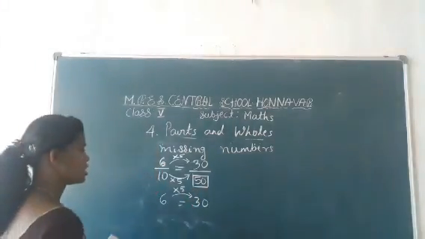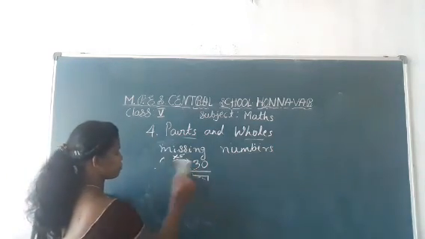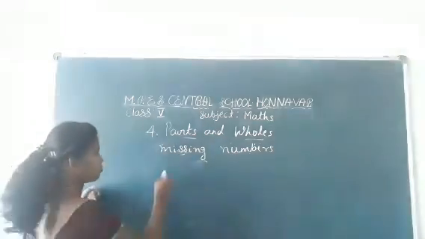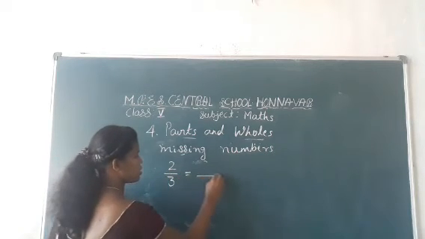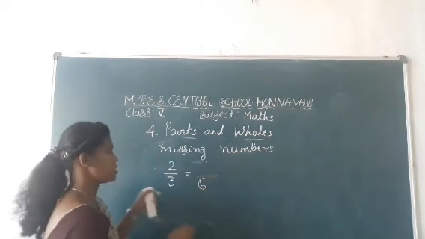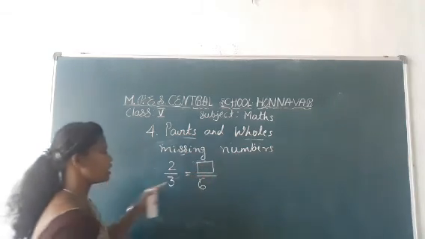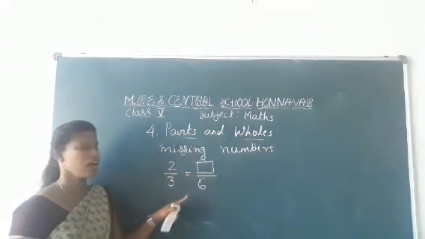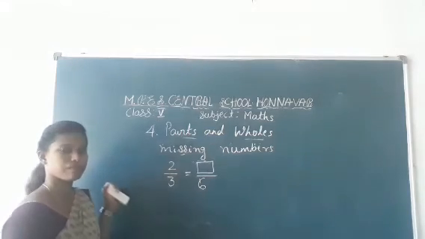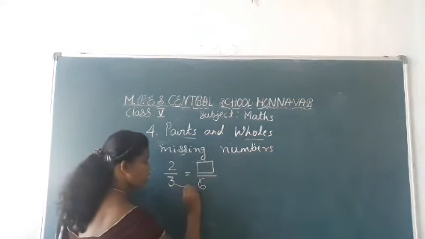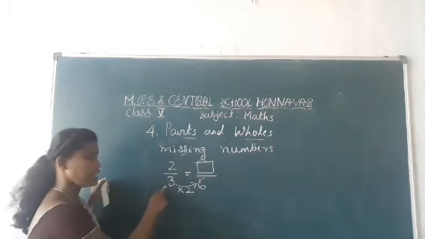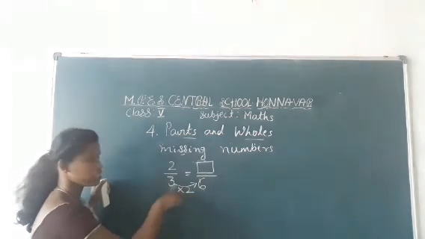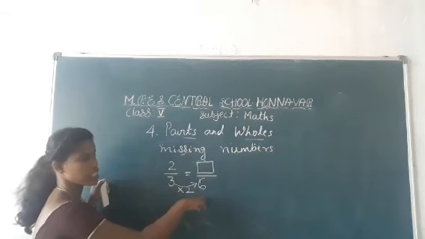Okay, you see another example. 2 by 3. Here we have 6. Here we write the missing number. How do we write this one? See here. If you multiply 3 and 2, we get 6. 3 2s are 6.